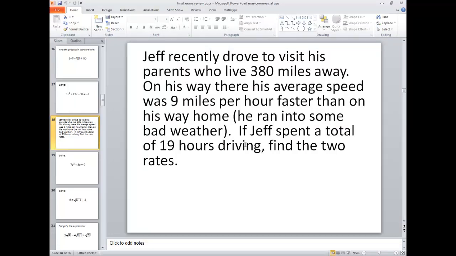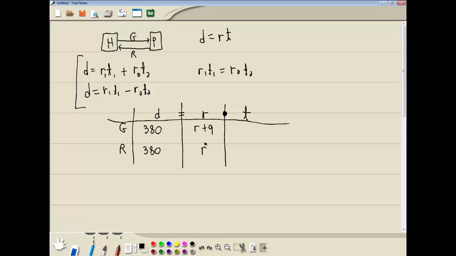And Jeff spent a total of 19 hours driving. Now you want to pick the line with the single R, and with it, we just put T there. Okay, now there's a total of 19 hours. Well, imagine this is 10 hours here. It's not, but imagine it's 10 hours. Then ask yourself, how many hours would this be?